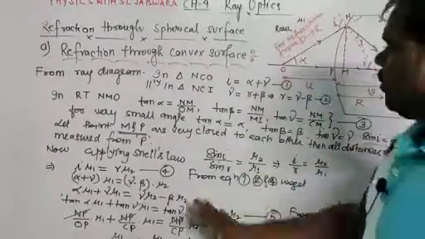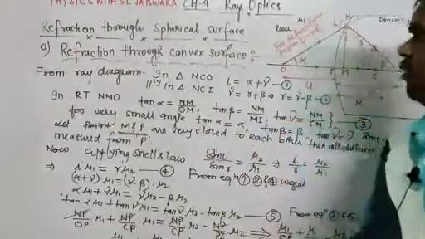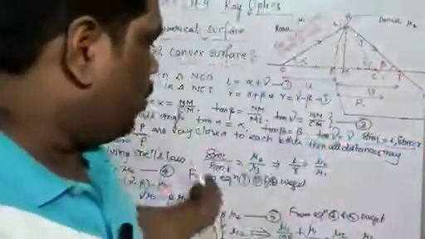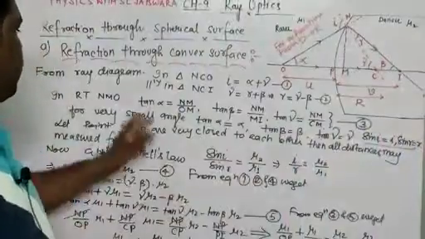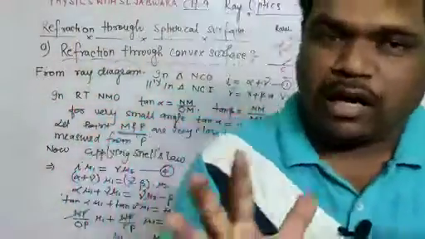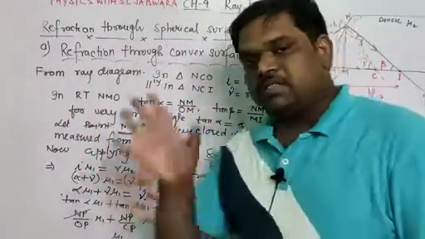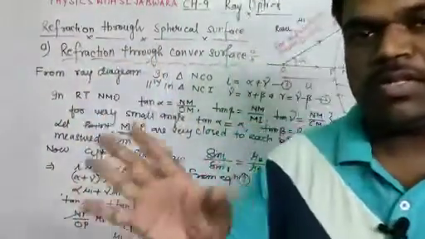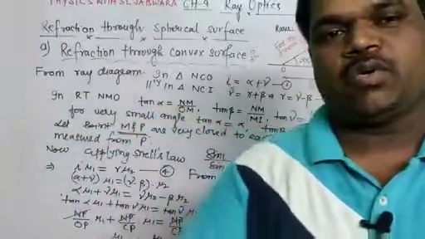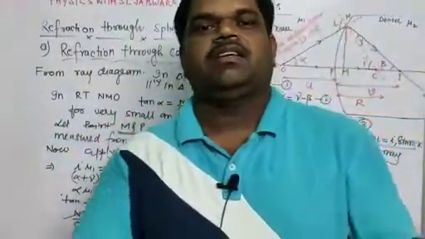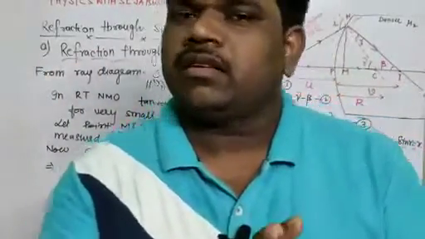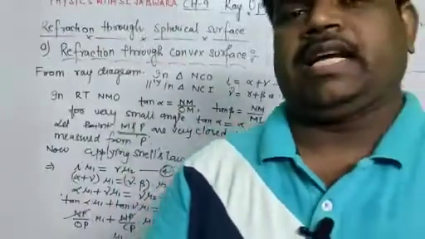So this is all about refraction through a convex surface. When we move to derive the relation among all these quantities for refraction through a concave surface, then again we get the same result, that is mu 2 upon V minus mu 1 upon U is equal to mu 2 minus mu 1 upon R. So whether the surface is convex or concave, the relation remains constant.